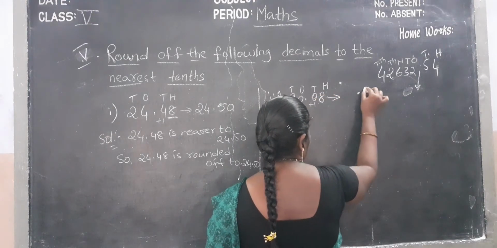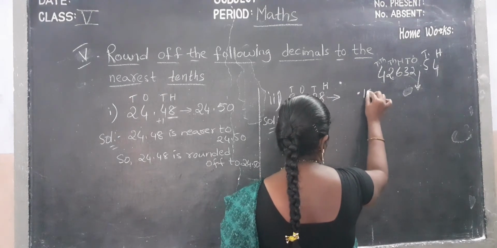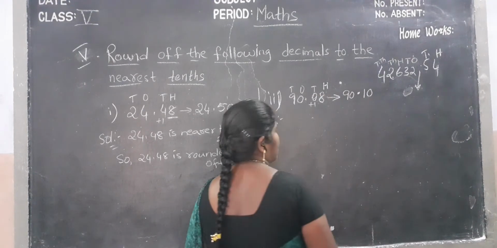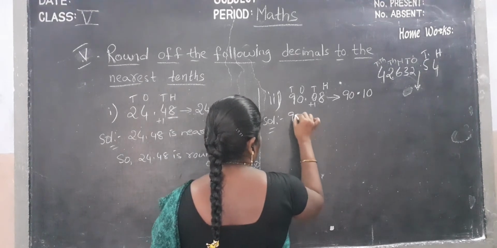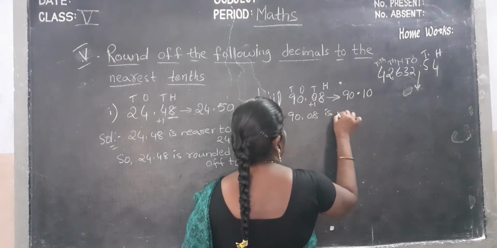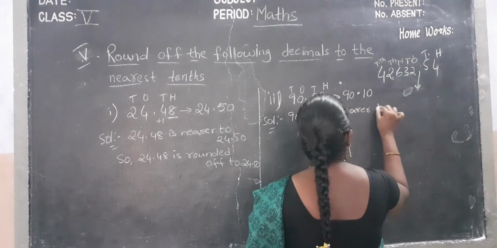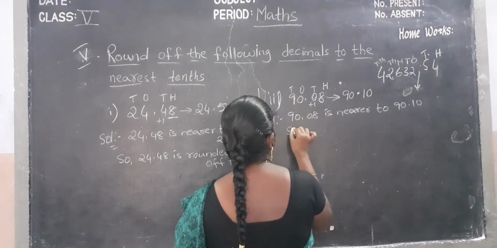0 plus 1 is 1. And replace the hundredths place by 0. So before the decimal point, write like this, 90. 90.0.